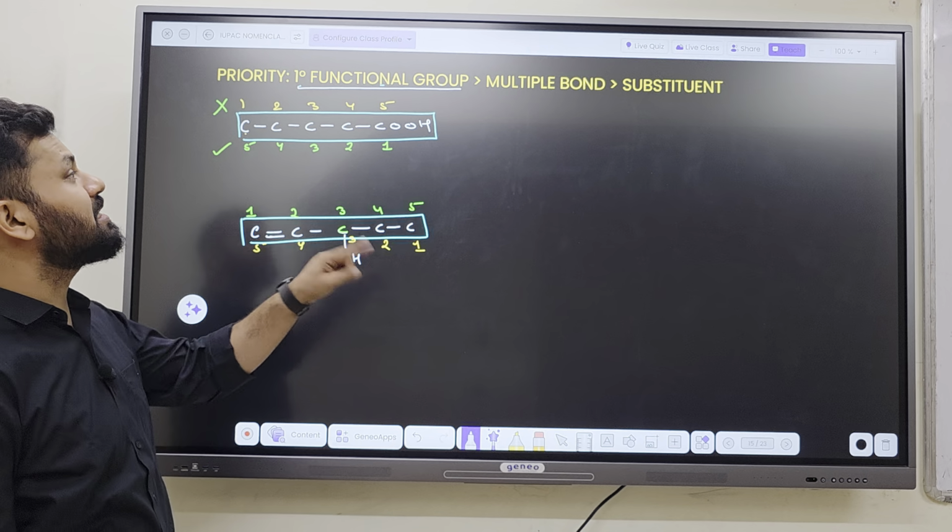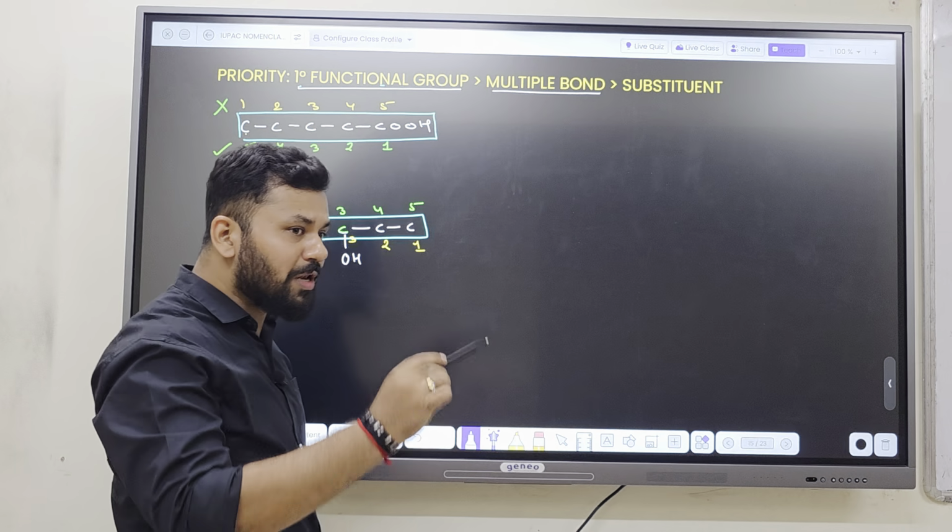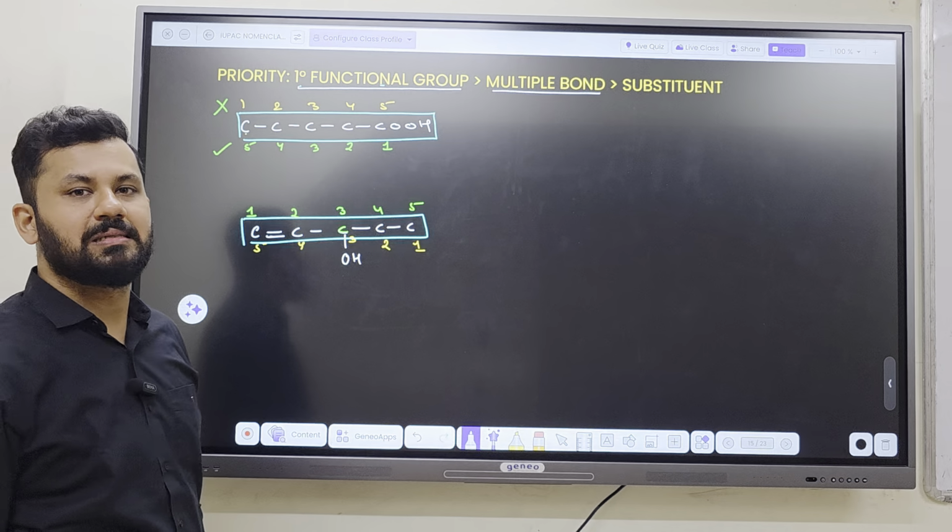And therefore, in such cases, we will move to the multiple bonds. You will not move to the multiple bonds unless it is required. And it is only required if both ways the functional group gets assigned the same number, like in this one.